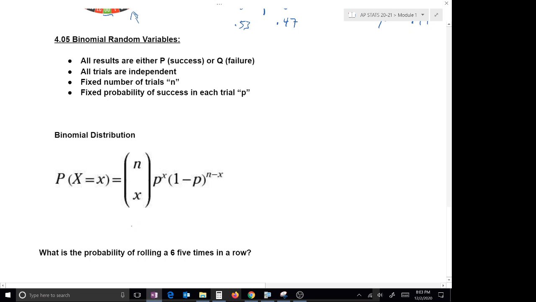This is just an abbreviation for the combination, which you can also write as nCr. And nCr, if you remember, is n factorial over x factorial times n minus x factorial.